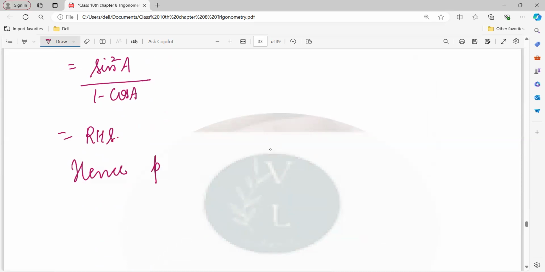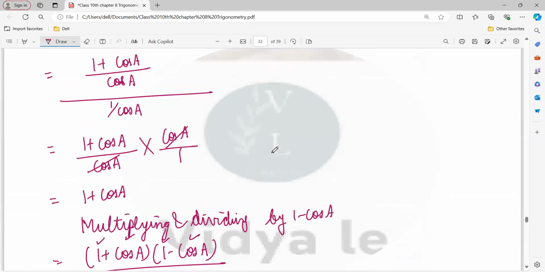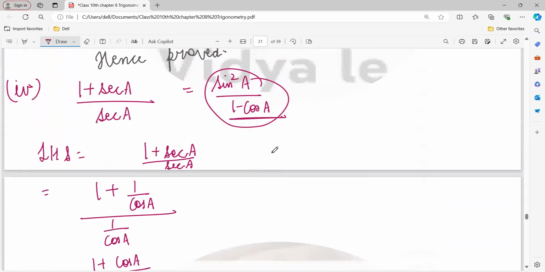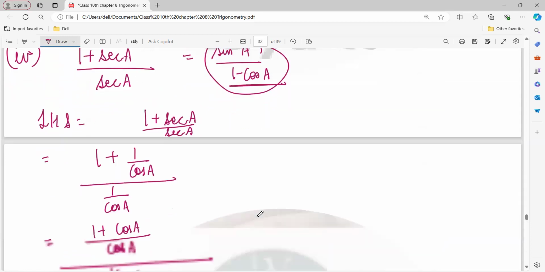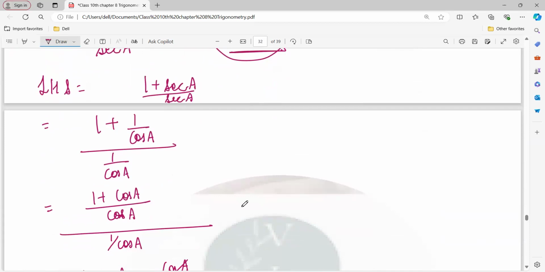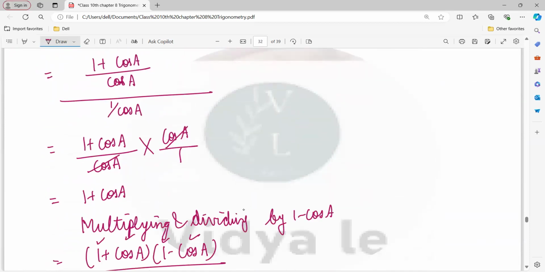Hence proved. I hope it is clear to everyone. So what we have done first, we have the secant in the left hand side. So we have converted the secant to cos, and we got 1 plus 1 upon cos A upon 1 upon cos A. So we have simplified the terms and we got 1 plus cos A. Now, as per the right hand side, we want 1 minus cos A in the denominator.